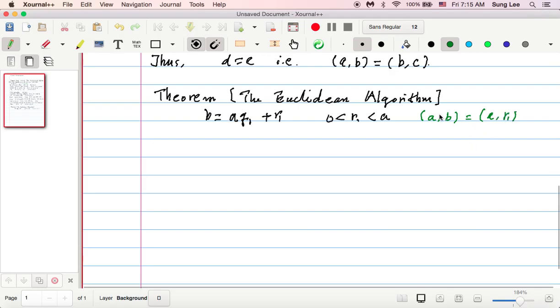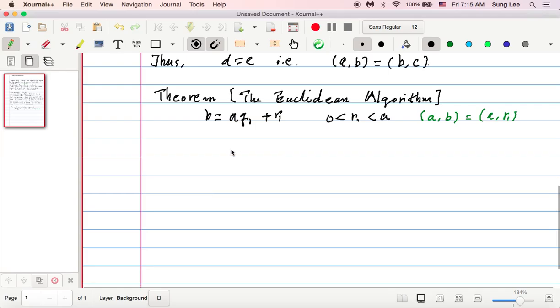Like I said before, finding the greatest common divisor of A and R1 is easier than finding the greatest common divisor of A and B. However, their GCDs are the same, because again, the second pair involves a smaller integer. But it doesn't stop there. We can still continue the process.